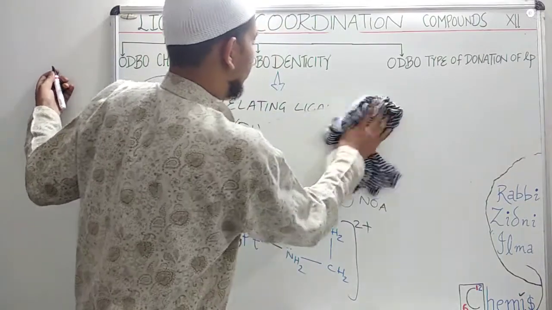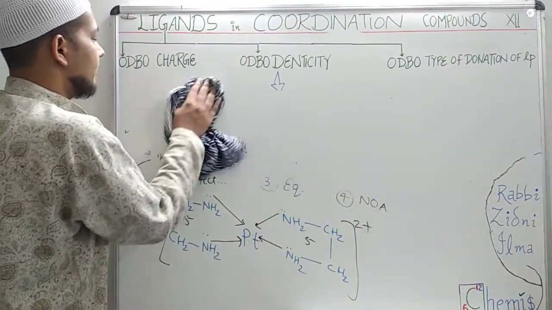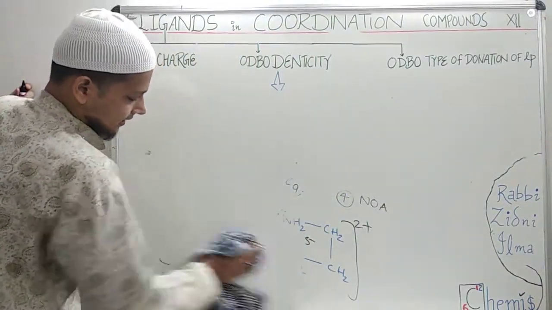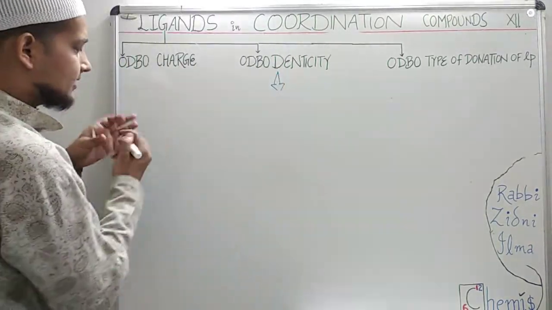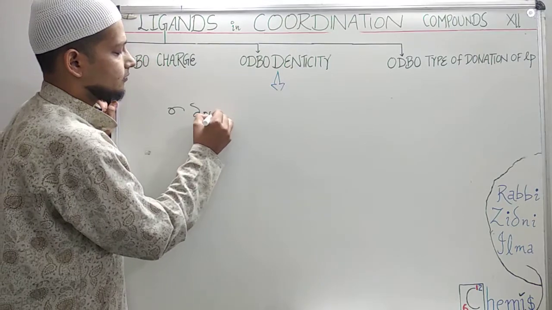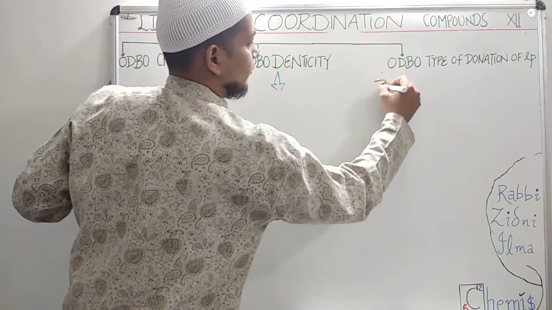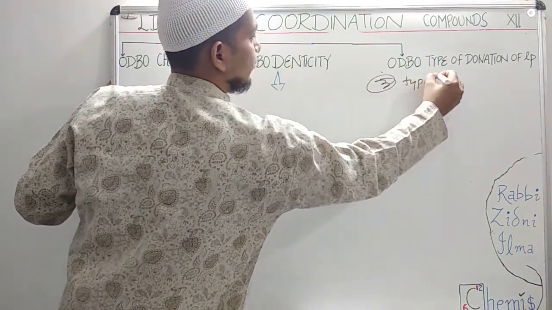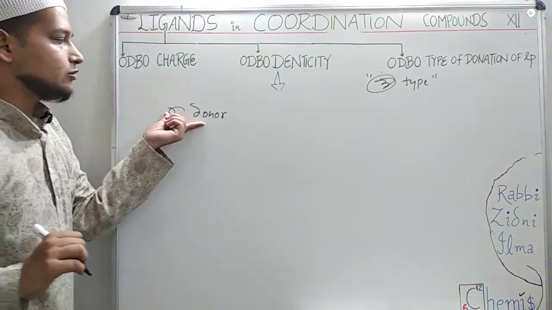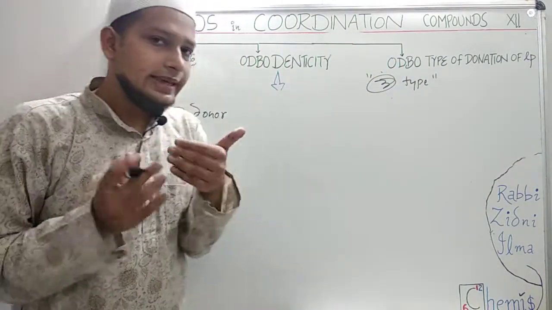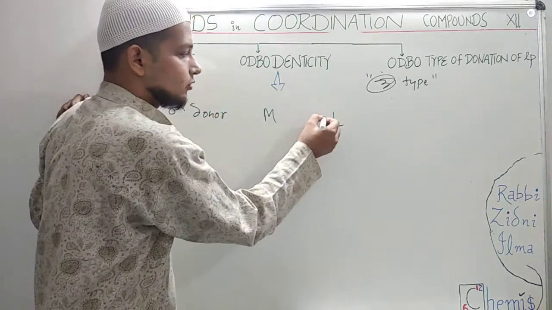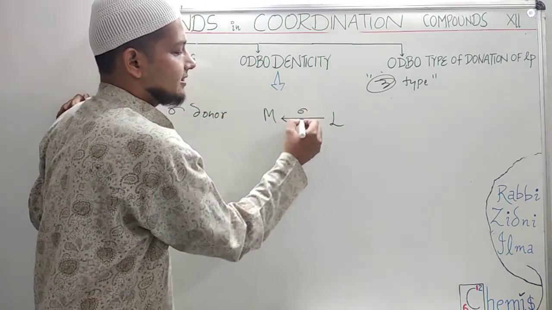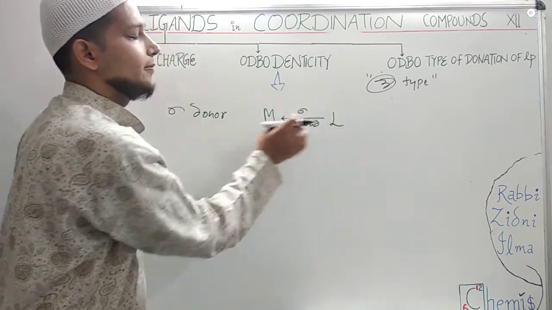This donation of lone pair we are talking about is a bit different in some cases and a bit complicated in some cases. So the first case is sigma donor. It is of three types. First of all, the type of donation is three types. First of all, we have this sigma donor. These are the ligands. Suppose this is our metal and this is our ligand. It is going to donate, and there will be a sigma type bond formation between the metal and the ligand.